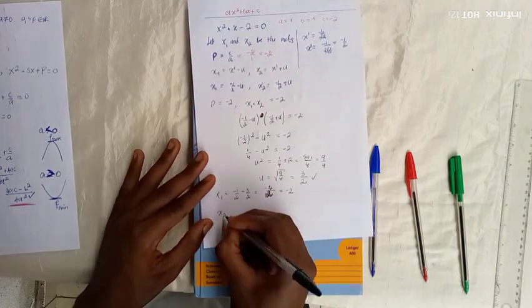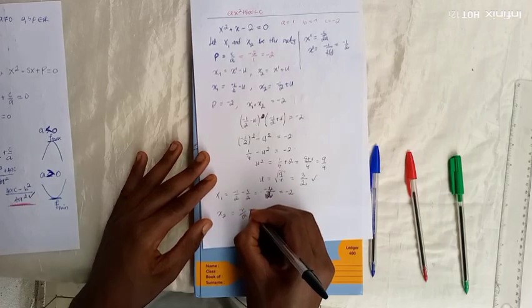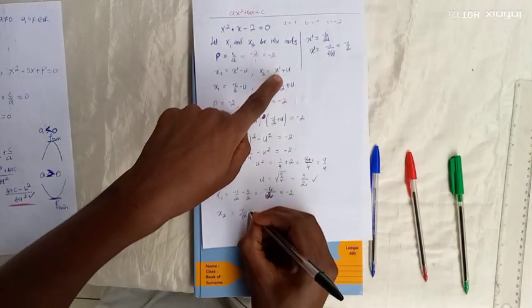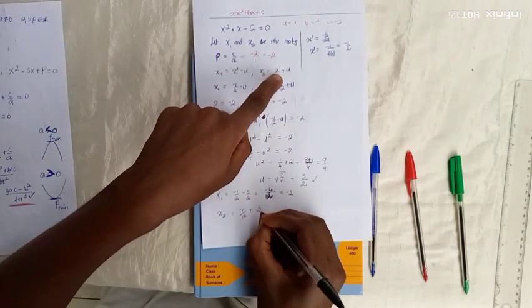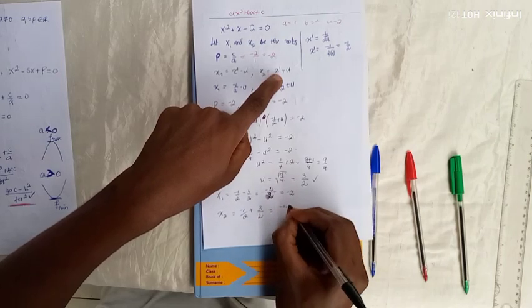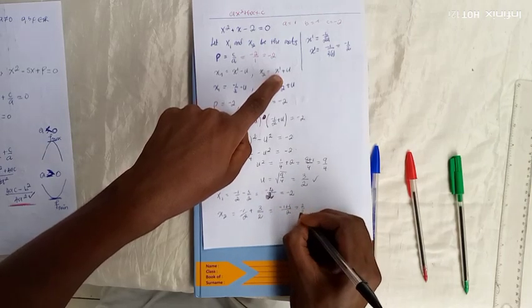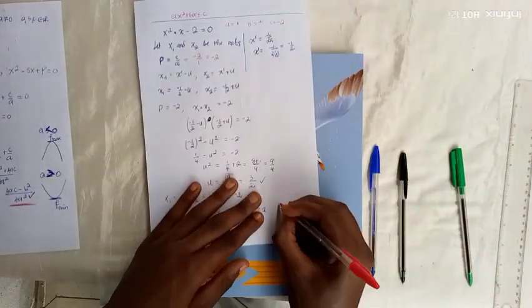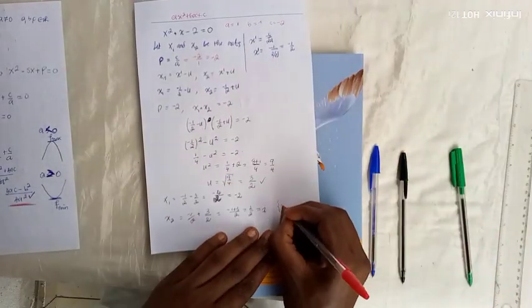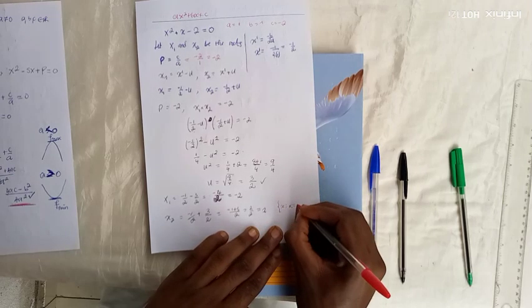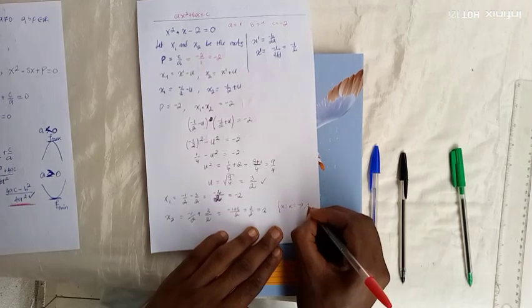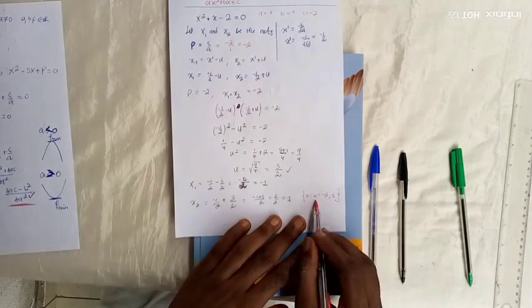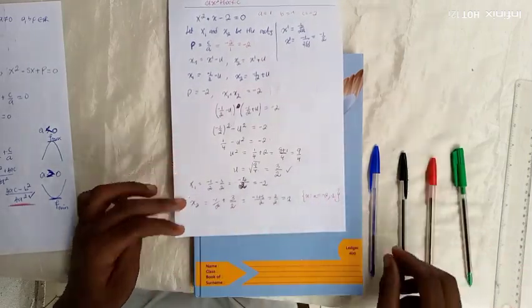Then my x2 becomes negative half plus u, and u is 3 over 2, which gives negative 1 plus 3 over 2, which is 2 over 2, and that gives 1. So these are the two roots of this quadratic equation. So x equals negative 2, comma 1. Those are my roots. x equals negative 2 and x equals positive 1.